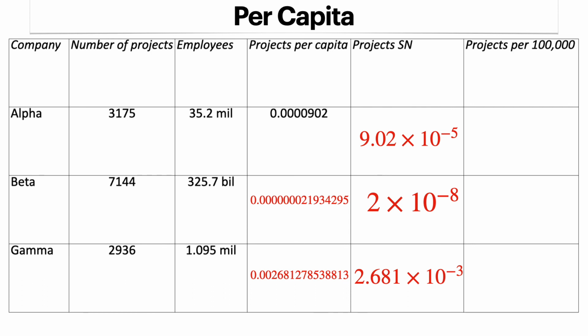Now, with the per 100,000, you need to multiply by 100,000 people. Remember, it's not per person anymore, it's per 100,000. So you need to multiply that by 100,000 to find that.